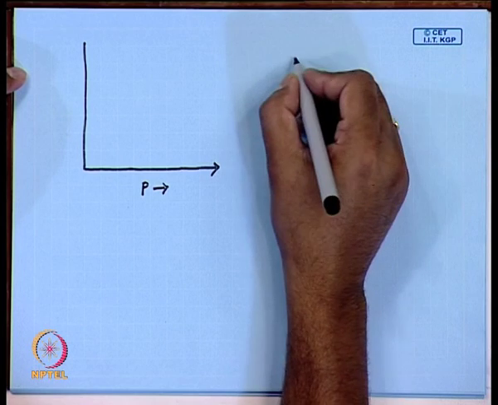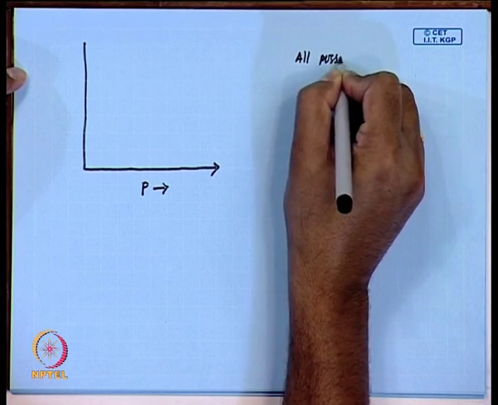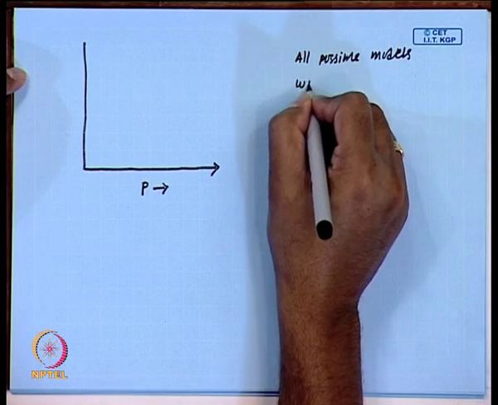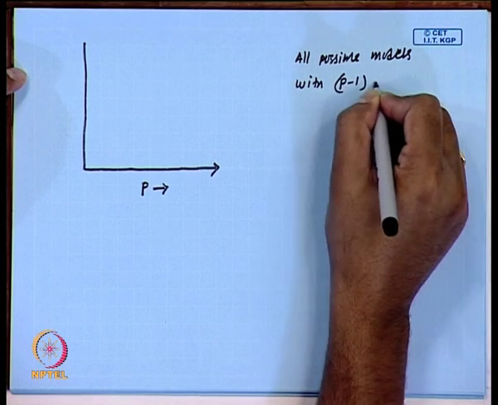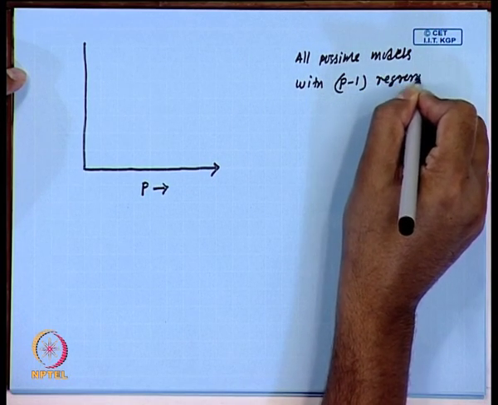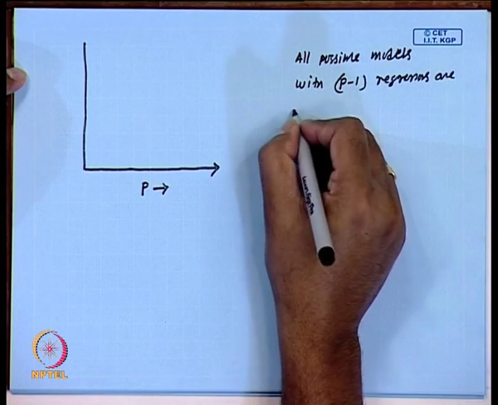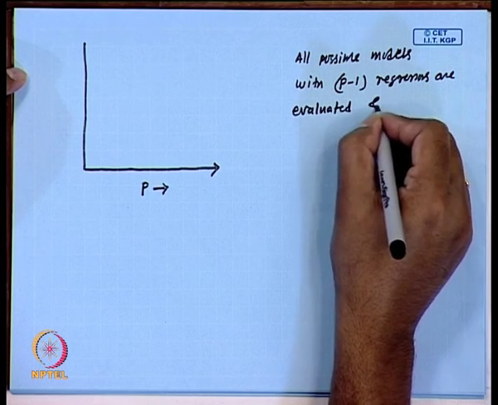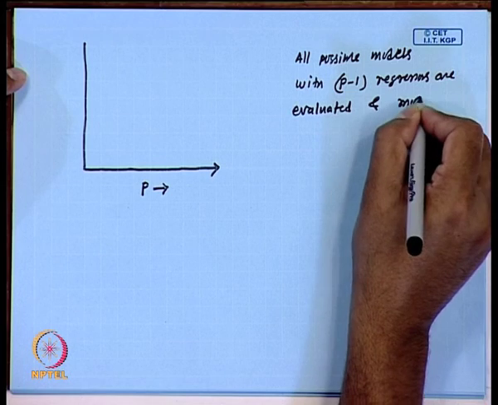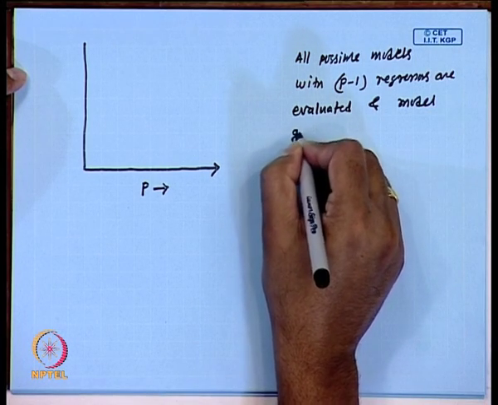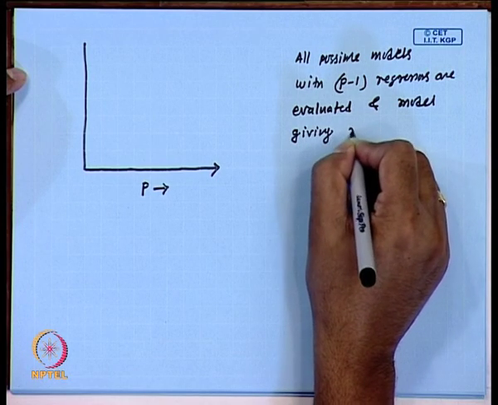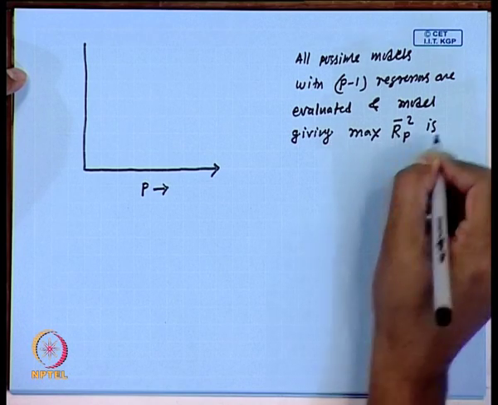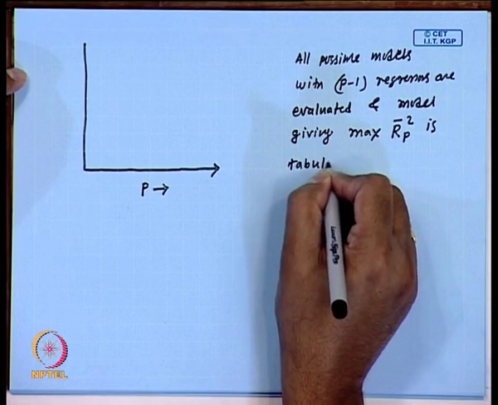So, here also all possible models with p minus 1 regressors are evaluated, and the model giving the maximum R p bar square is tabulated.